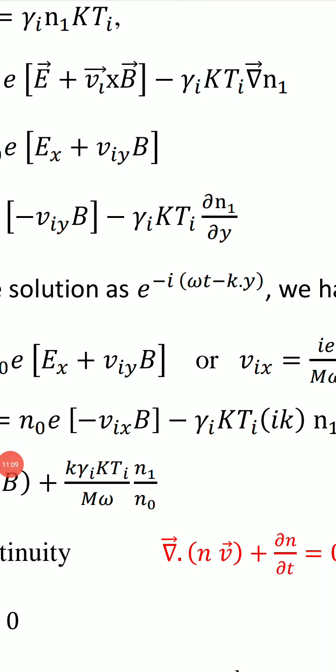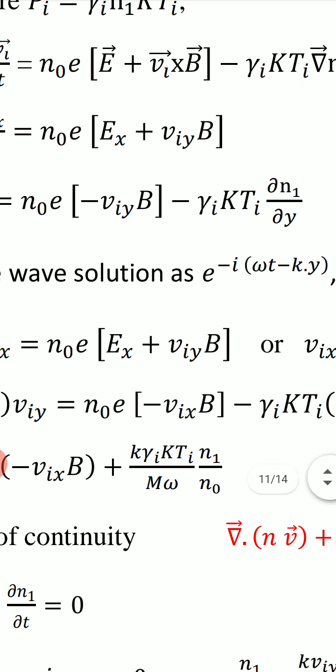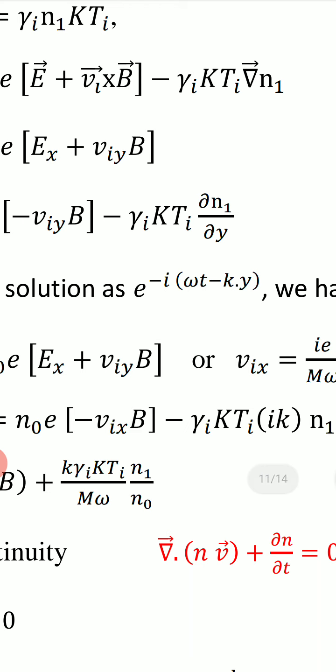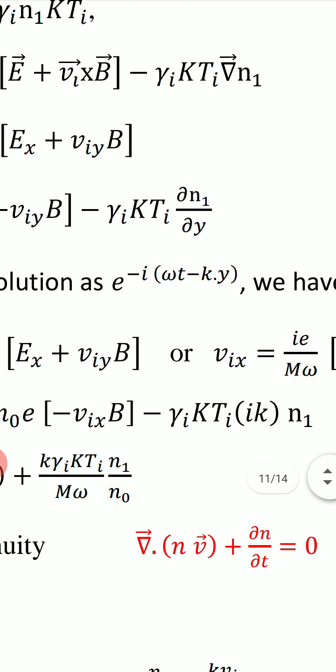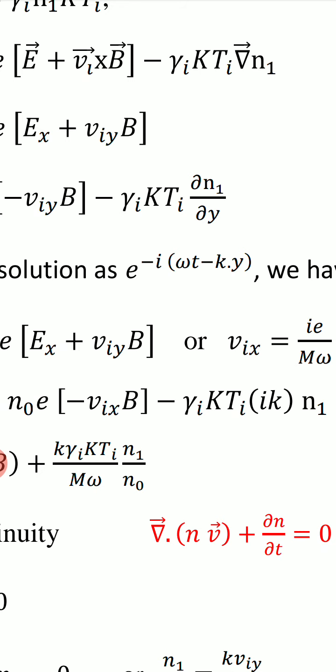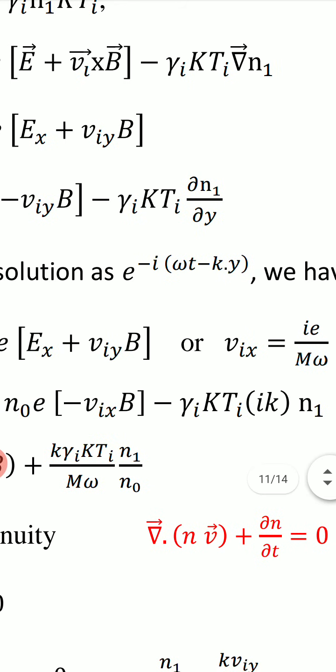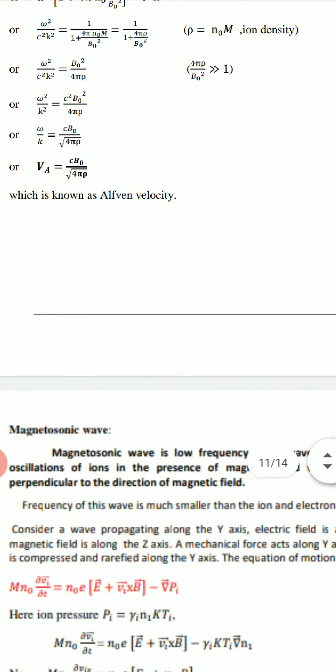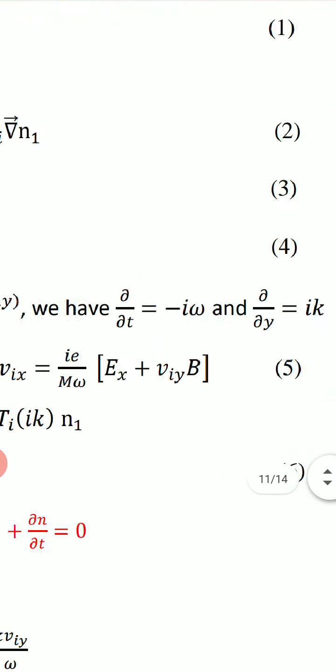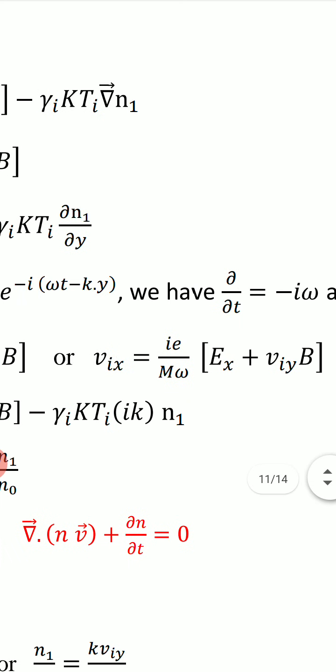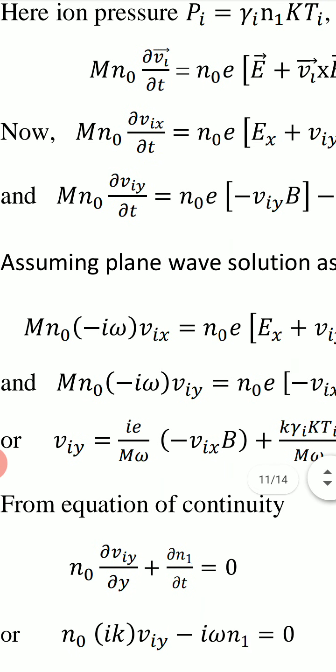Because the wave is propagating along the direction of y-axis, there is change in n1 along y-axis, and along x-axis there is no variation in it. So in the x component equation we did not write this term, and for the y component equation we write this term and write the component of del vector as delta upon delta y. Now we get these two equations, equations 3 and 4, for x and y components of the equation of motion for ion.